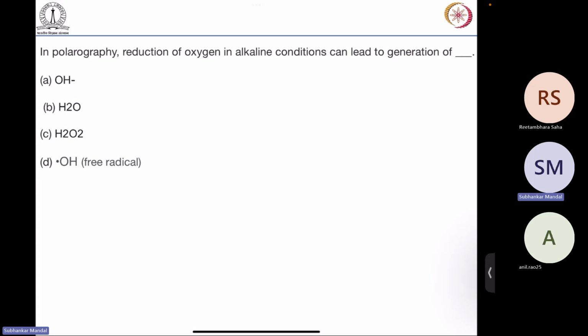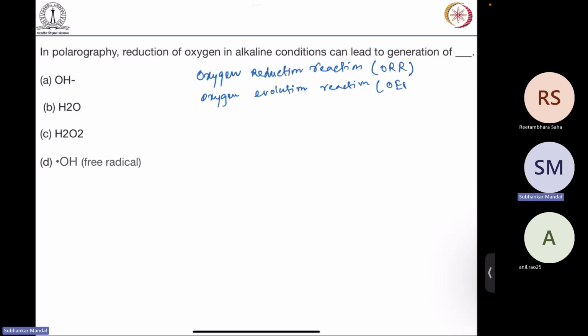Oxygen reduction reaction. So this is quite an interesting field now, a progressive field. People call the short form ORR, and oxygen evolution reaction, people call OER.